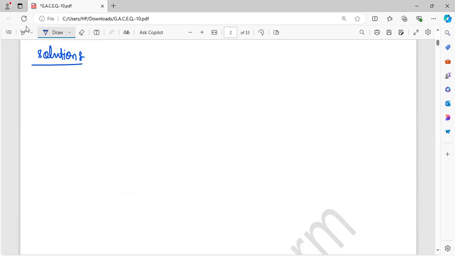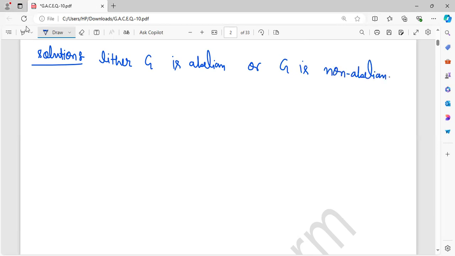So there are two possibilities. Either G is abelian or G is non-abelian. Because G is a group, either it will be an abelian group or it will be a non-abelian group.